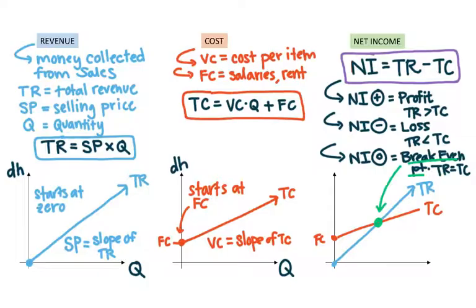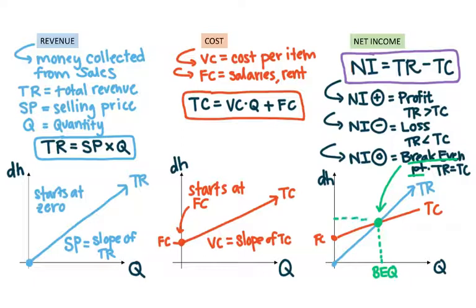That's called the break-even point. And again, this is the Q-axis. This is dirhams on the Y-axis. So if you want to describe the break-even point, you can always look down and describe the break-even point as a quantity. How many items do you need to sell to break even?